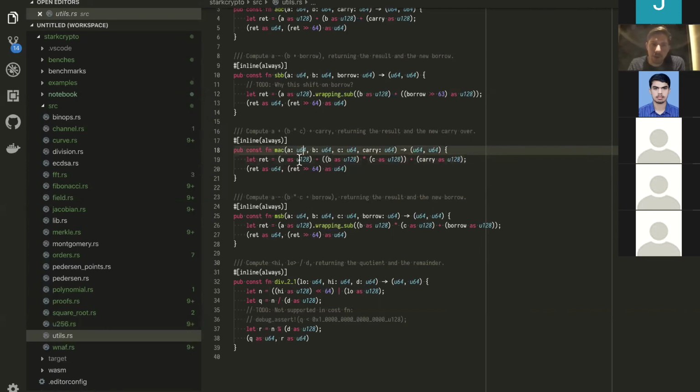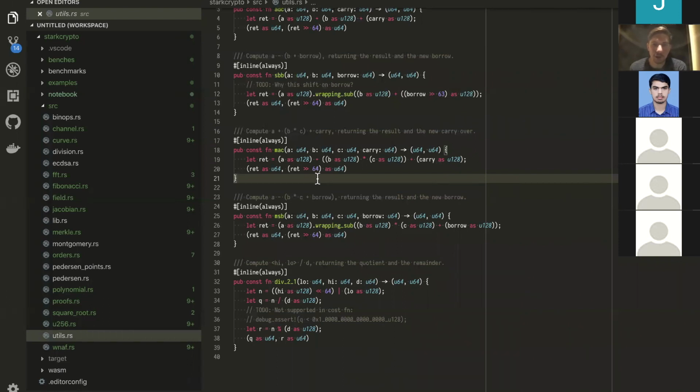So what we do, we just cast everything to the fake compiler 128-bit type. We do the expression and then we cast it back to 64-bit types and we bit shift to get the higher bits out. All of this you're seeing here is completely fake because it doesn't end up actually doing anything in the resulting machine code.